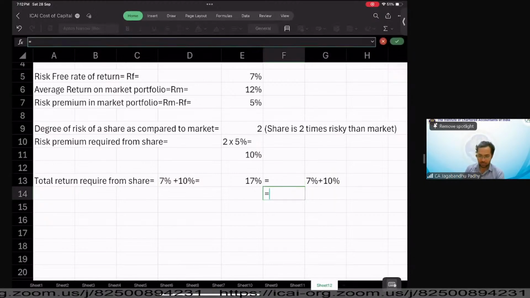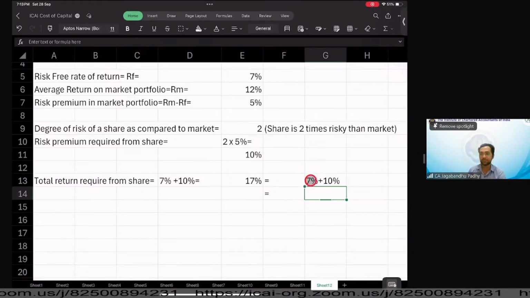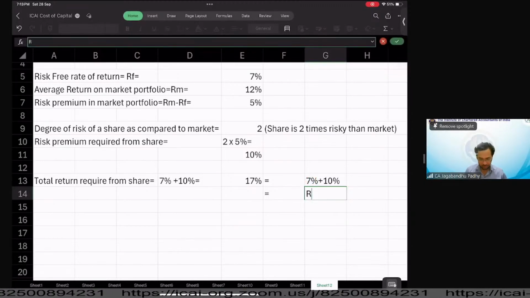Now this 17%, we know we got as 7% plus 10%. What was this 7%, guys? Can I say it was the risk-free rate of return, where the investor is facing no risk? Risk-free rate of return is basically earned on government securities.